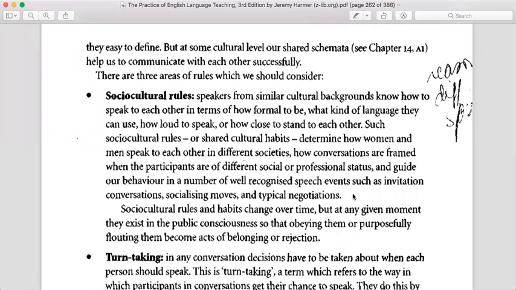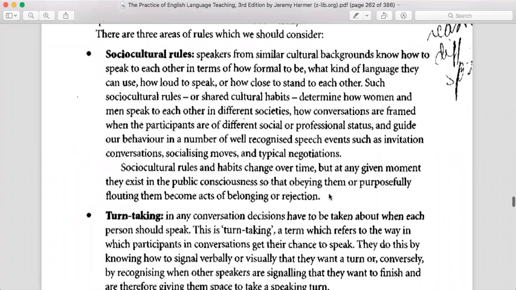Now, these rules might also change. These are not really fixed rules. Sociocultural rules for using the language are not exactly fixed. They keep on changing, okay? Because the culture also changes, right? So these rules change because the habits and the culture change.